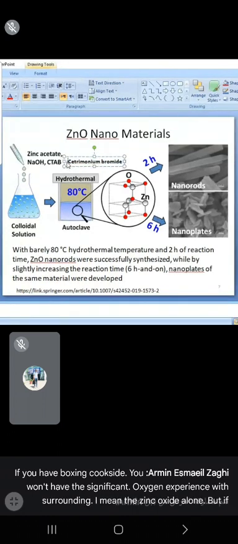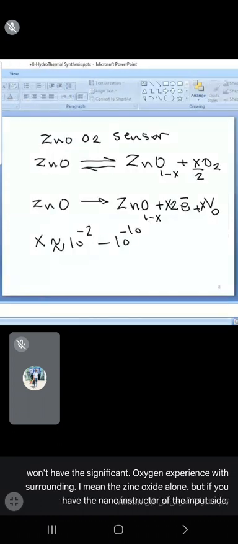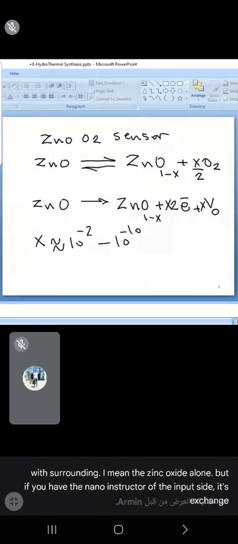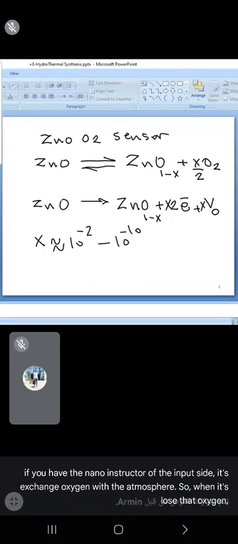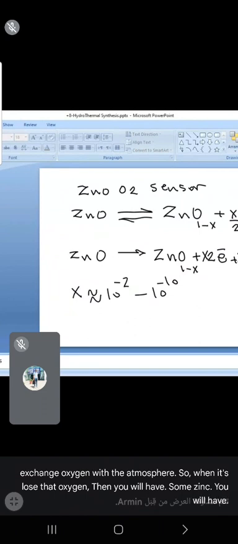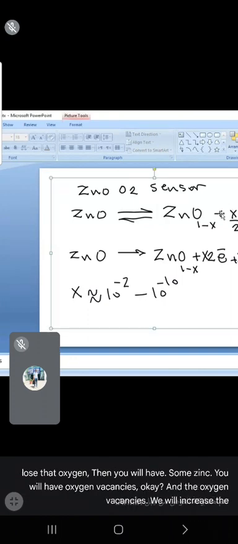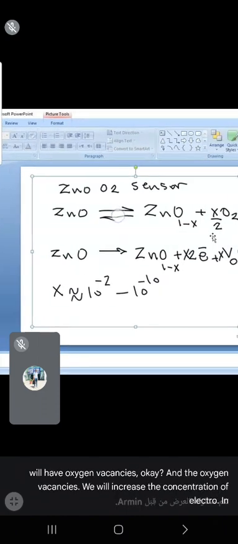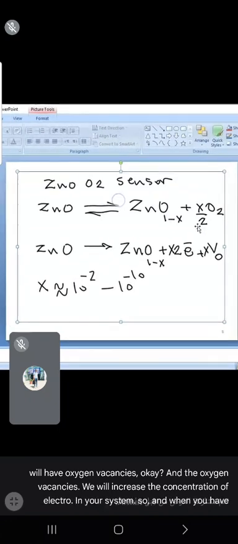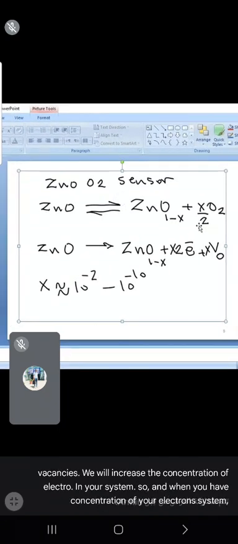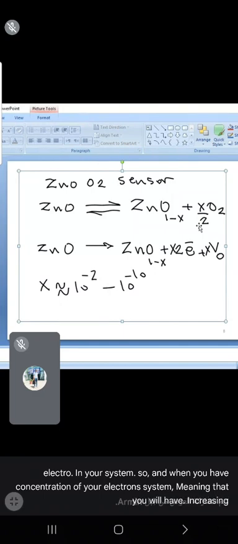But if you have the nanostructure of zinc oxide, it exchanges oxygen with the atmosphere. When it loses oxygen, you will have oxygen vacancies, and the oxygen vacancies will increase the concentration of electrons in your system. When you have a higher concentration of electrons in the system, it means you will have an increase in conductivity.